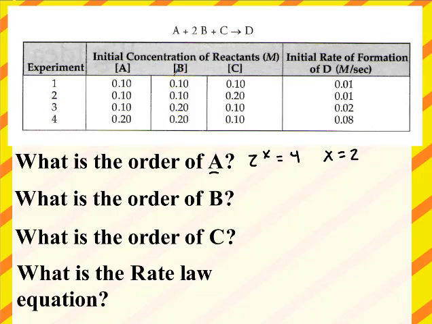Then, if I want to solve for B, I'm going to say, well, 1 and 3 are held constant for A and C, and B doubled, and the rate doubled. So n has to equal 1.